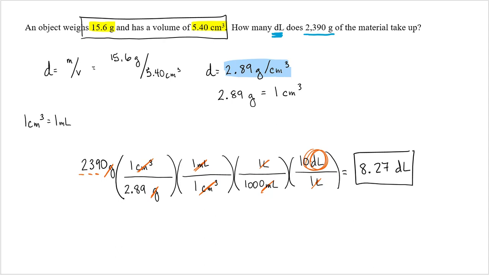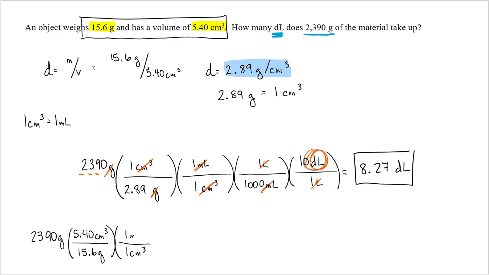Another way that you could solve it is without actually solving for the density. You can use the 15.6 and the 5.4 as the conversion. 2,390 grams, 15.6 grams takes up 5.40 cubic centimeters, and then everything else is the same.